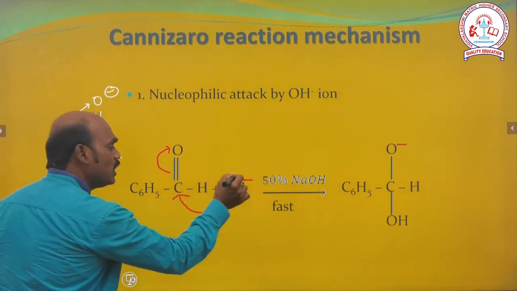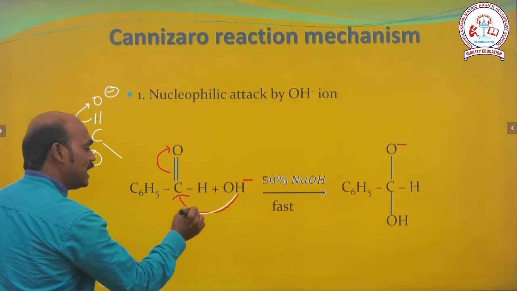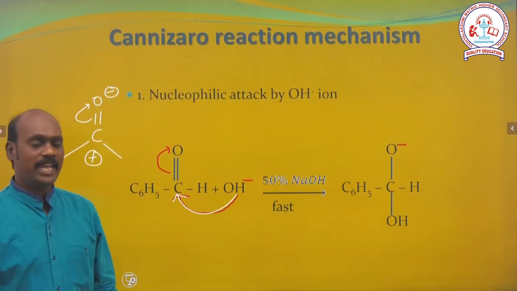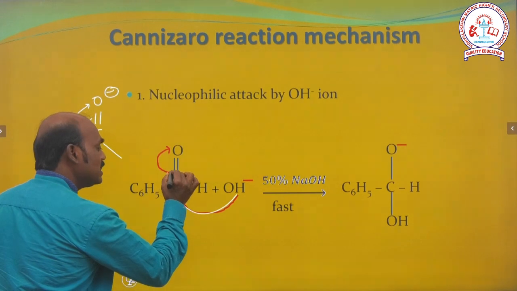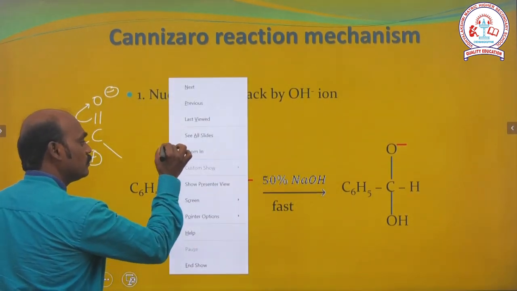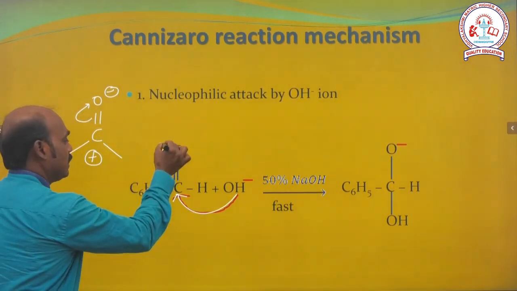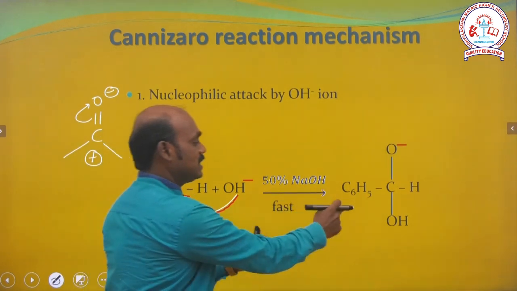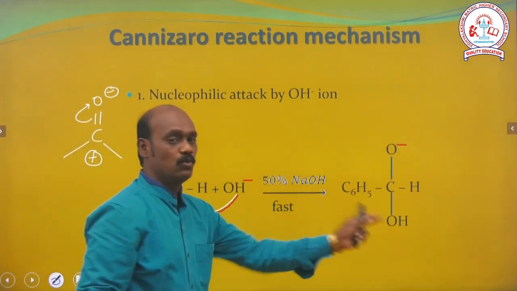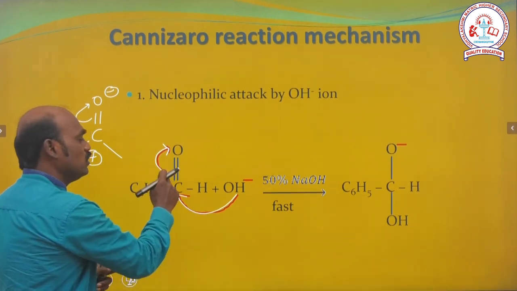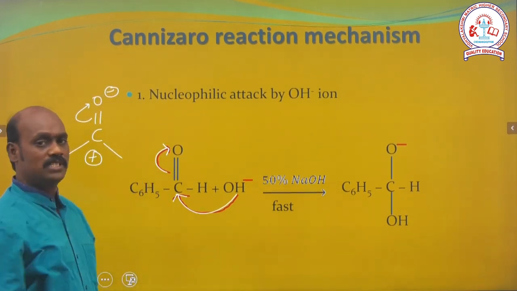So one of the bonds of the carbon-oxygen double bond shifts to the oxygen atom. Now we get C6H5, CO minus and OH. The OH group is attached to the electron deficient carbon atom, and one of the pi electrons is shifted to the oxygen atom.